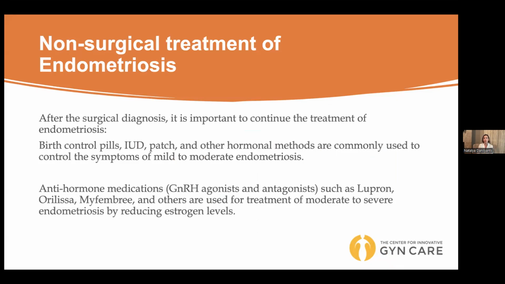It's fine to try things like birth control pills if you have painful periods, but if your symptoms have not improved, you need to go on to determining the accurate diagnosis with surgery, and then you can figure out whether to continue the pill, because post-surgery the pill is going to be much more effective since you've actually removed the disease. But if it's severe, you're going to need something like anti-hormone medications to actually suppress or stop the hormone production. And again, to make a decision regarding fertility management.